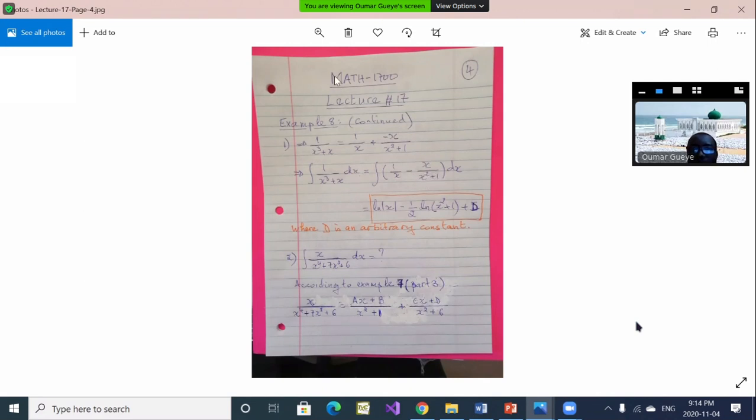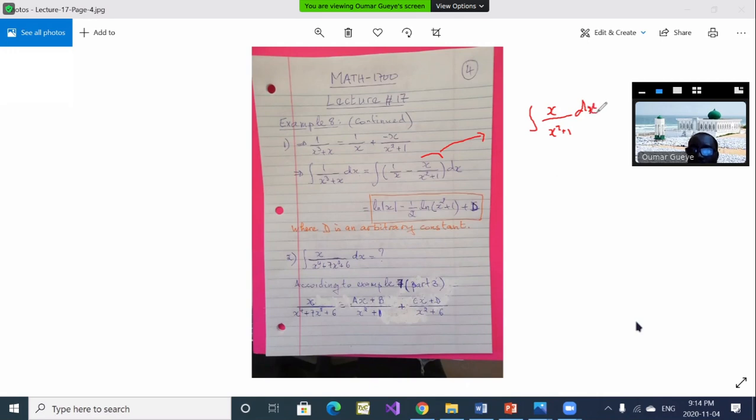Here's a different step. Maybe you can notice exactly what happened here. So you have the integral of x over x squared plus 1. I just want to show you why it is equal to this.